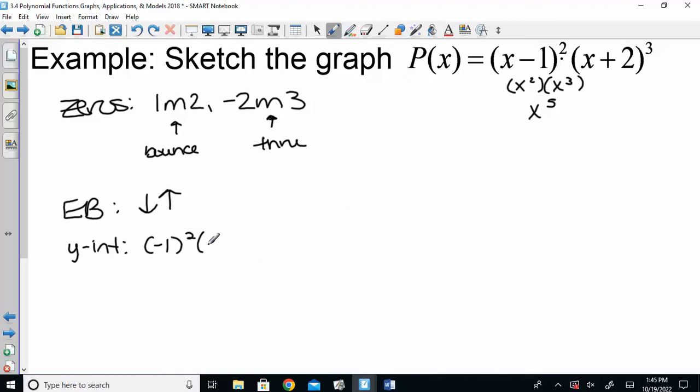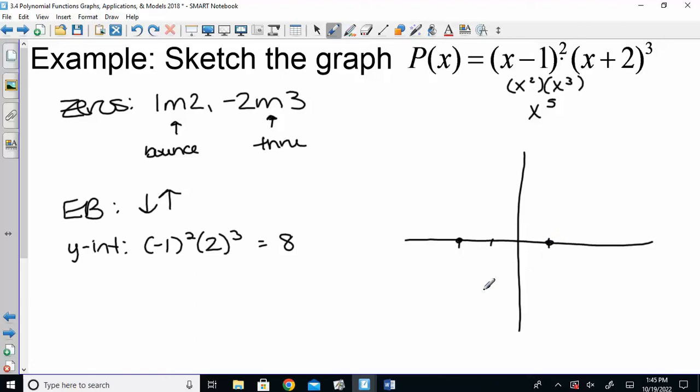Y-intercept, if you plug in 0 for all of your x's, we get -1 squared times 2 cubed. So 1 times 8, which is 8.